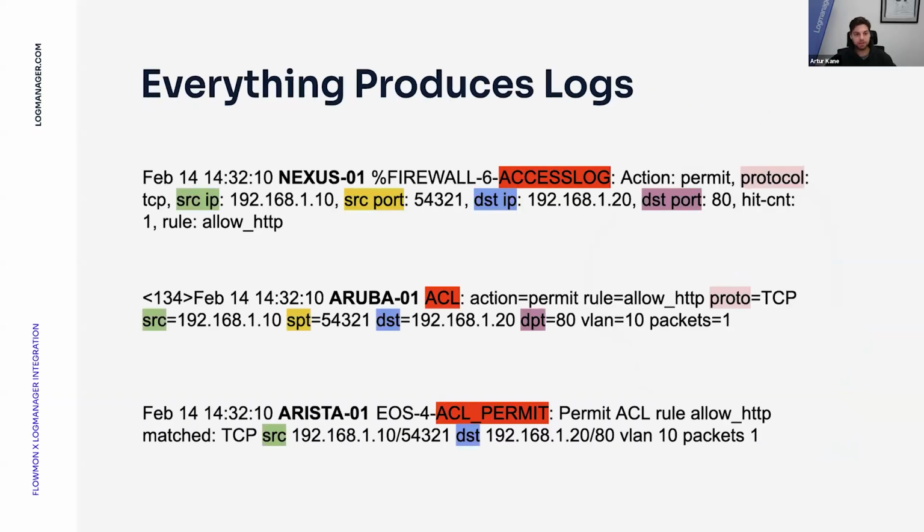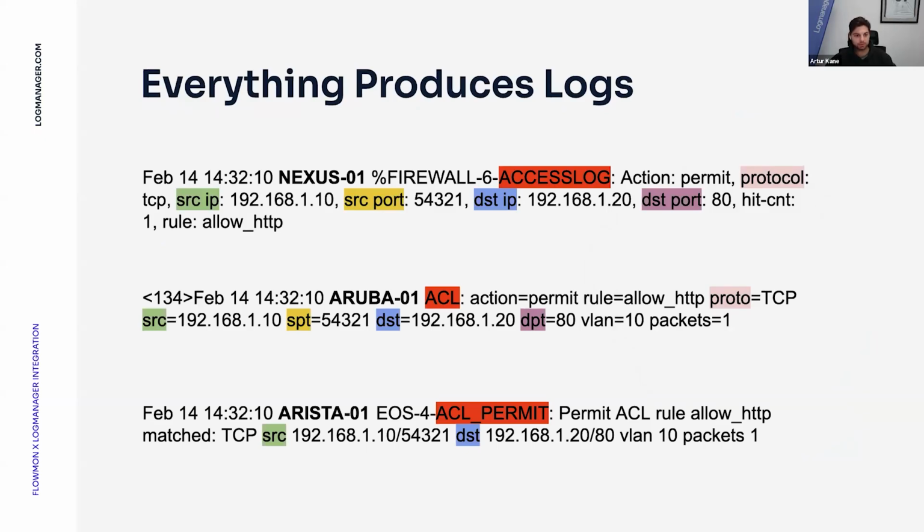Everything produces logs, right? So you can get logs from your networking environment, from your applications, from your web application servers, from your detection tools. And while there is some standardization, we see in reality that every log looks different. So it's a task for a log manager to be able to, out of the box, collect and understand all those logs.